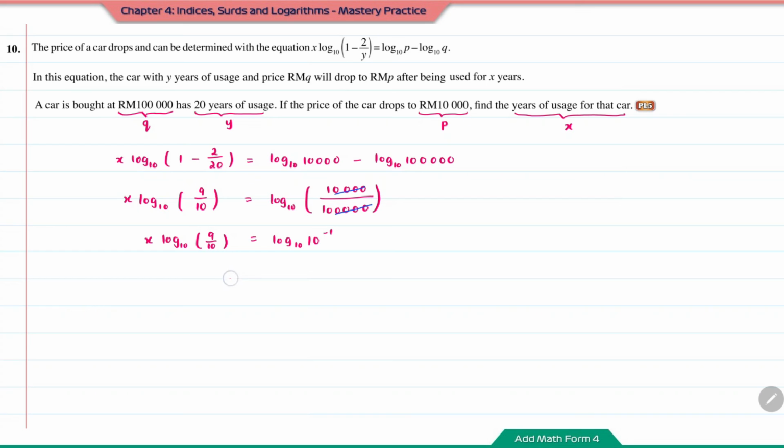So to find the x, the value here, log base 10 of 10 to the power of negative 1, this is equal to negative 1. And we're going to divide it with log base 10 of 9 over 10. So solve this using your calculator, you'll find that the x is equal to 21.85 years.